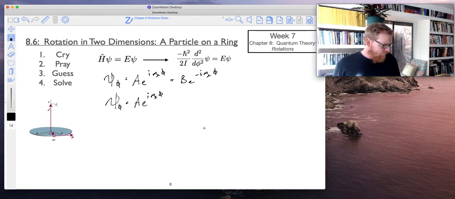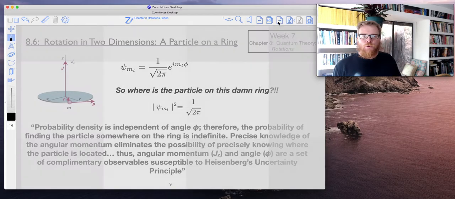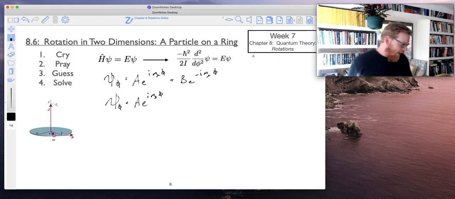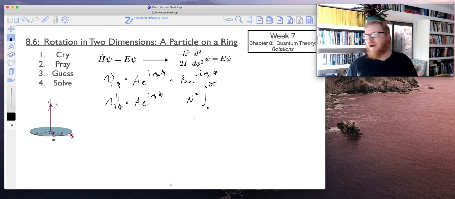All right. Now, when we go to normalize this thing, it's pretty straightforward. We're going to normalize it as psi star psi. So that's going to be n squared, and we don't need to worry about the theta or the r, they're gone, so we're just going from 0 to 2 pi. I'm replacing my a with my n squared.